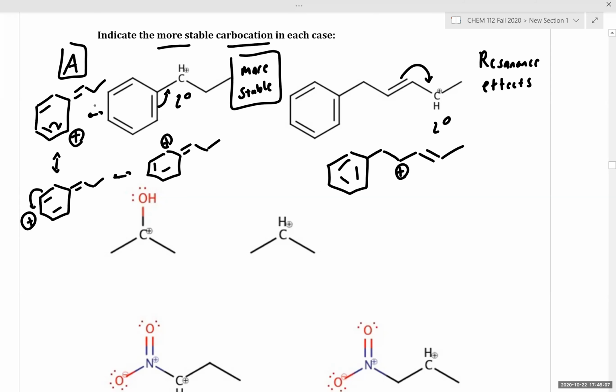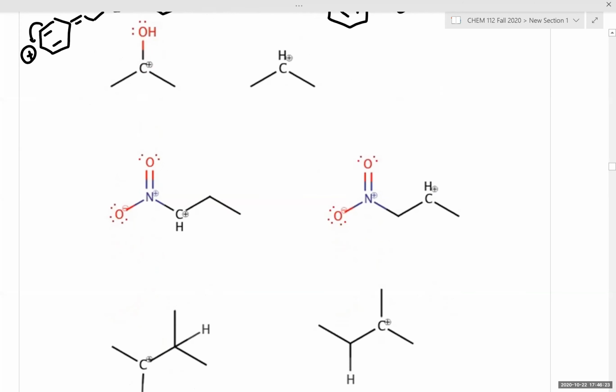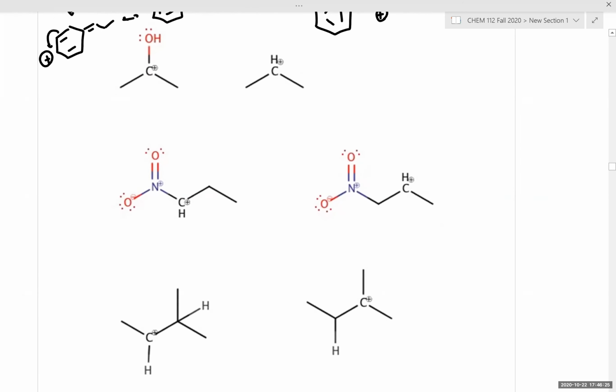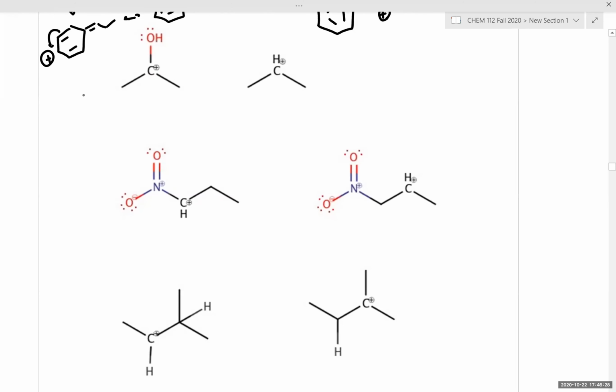Does that idea make sense? Perfect. So what I want us to do now is to take a look at the following three pairs of structures, A, B, C, D, E, and F. And I'd like you to tell me in each case, which structure is the most stable, lowest energy carbocation, and the why.